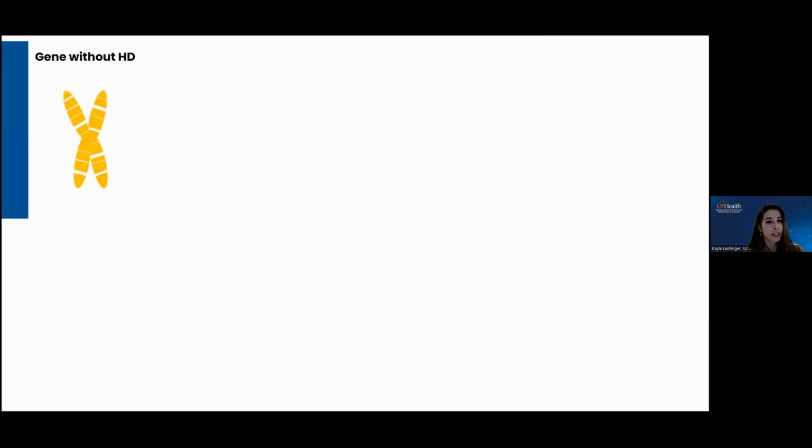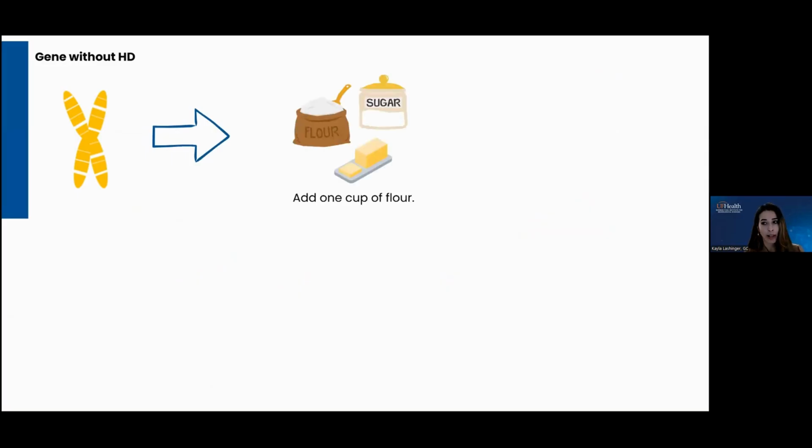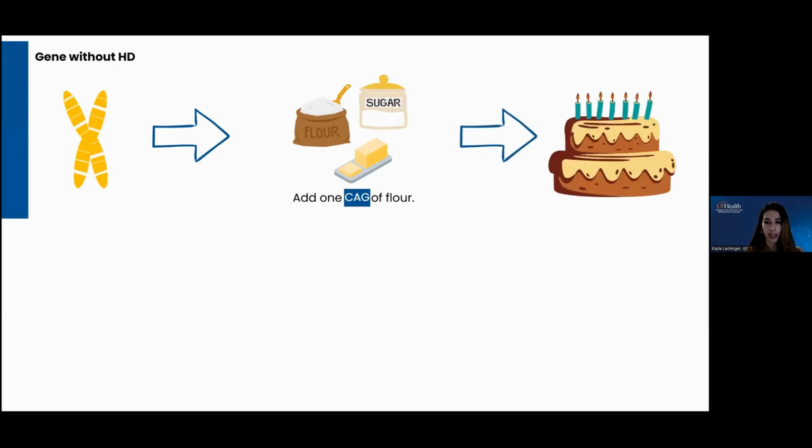So for the HTT gene in a typical spelling, for the recipe for a cake, it might say to add 1 cup of flour. But thinking about our genetic code and the letters it's made up of, that says add 1 CAG of flour. And then that provides instructions for making our cake. But if there are changes to the spelling of instructions, that changes how the body reads and interprets that.